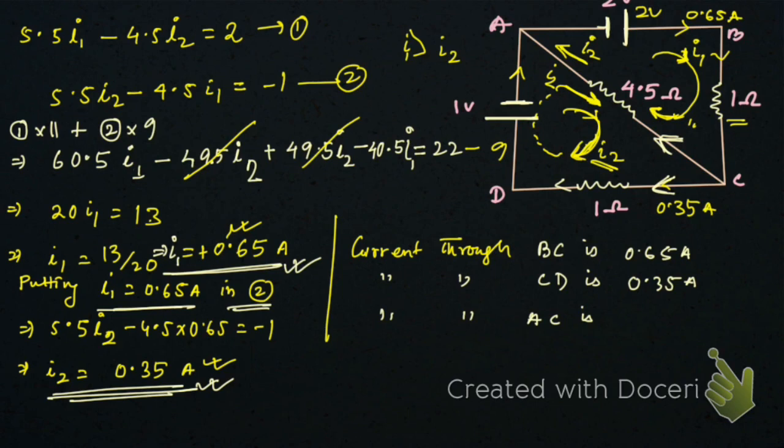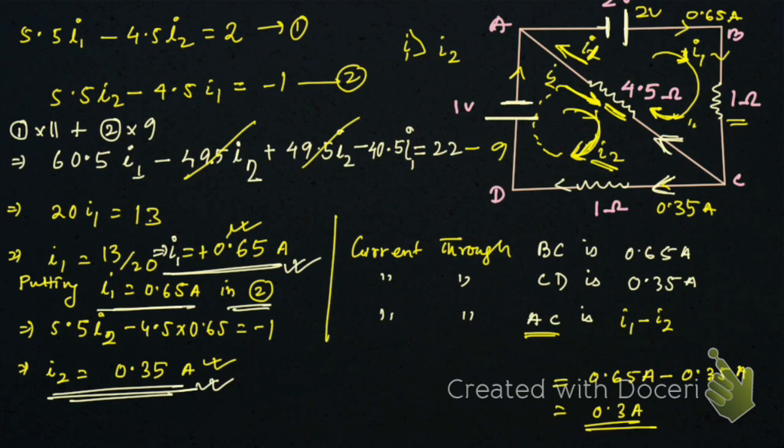So therefore the current through AC, that means across the 4.5 ohm resistance, will be I1 minus I2. That is equal to 0.65 ampere minus 0.35 ampere, which is 0.3 ampere, right?